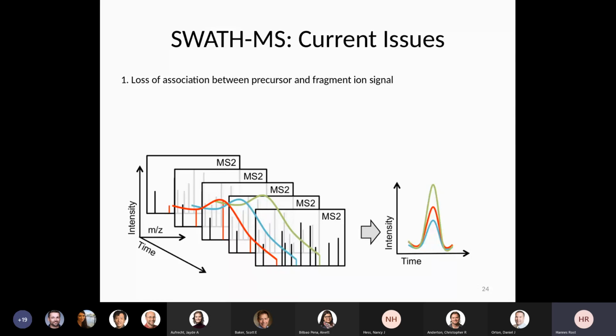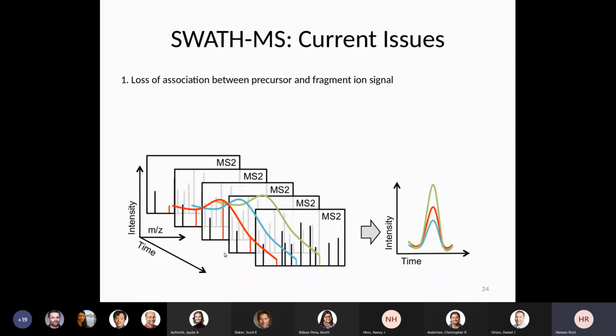And the main issue that always comes up, both from a kind of philosophical and analytical standpoint, is that whenever we do these multiplexed acquisitions, we lose the association between a precursor and the fragment ion signal.